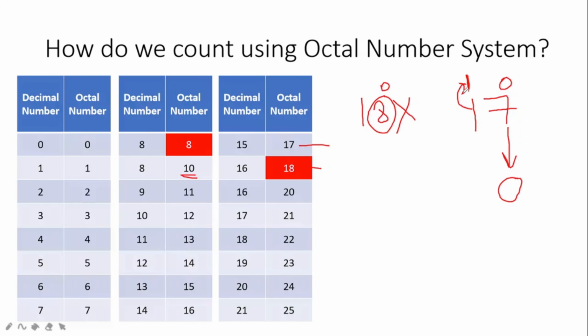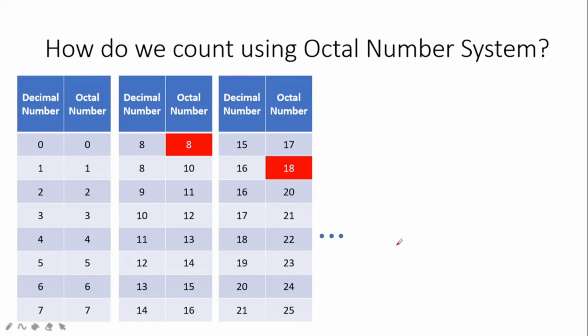So find out what comes after 1 in the octal number system: 2. So write 2 here. So 20 will be the next number after 17 in the octal number system. Then it goes on like 21, 22, 23, 24, 25, and so on.